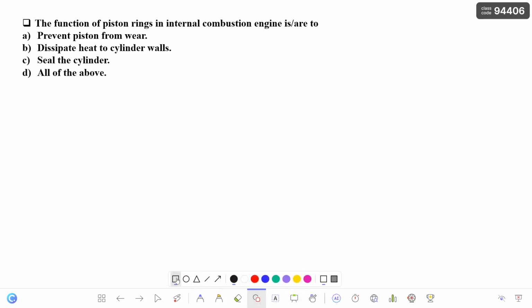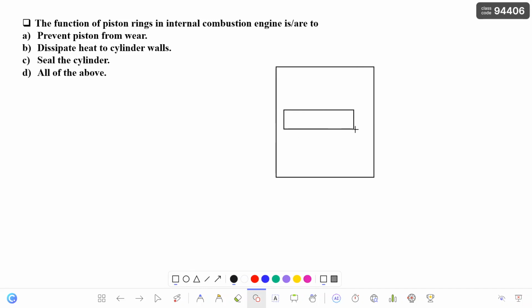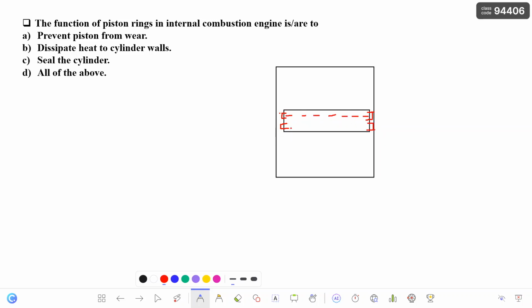Let us say this is the cylinder and this is the piston. There will be small grooves around the piston, and in these grooves there will be piston rings, just like in our pressure cooker. You might have seen the lid of the pressure cooker has a rubber-like structure which seals the chamber so that the pressure inside the pressure cooker can rise.